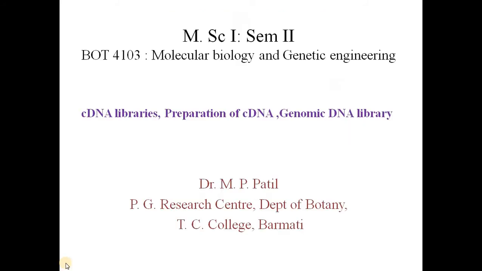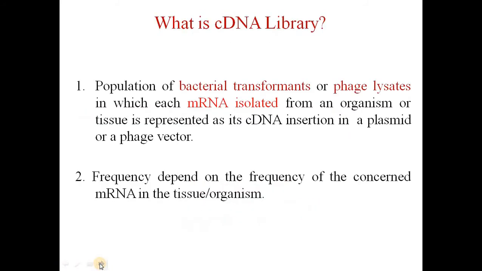So this is nothing but the cDNA, which is complementary DNA. A cDNA library is a collection, or we can say a population, of bacterial transformants, or sometimes we can use phage, in which each mRNA isolated from an organism or tissue is represented as its cDNA inserted into a suitable vector, either plasmid or phage.